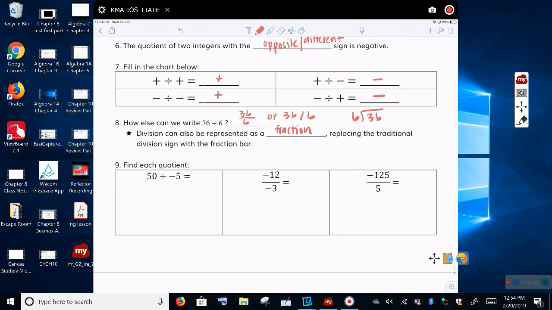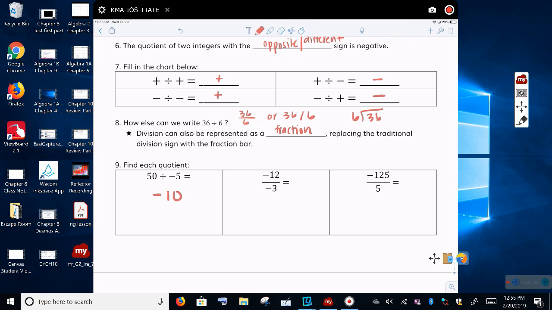All right, so now we're just going to do these 3 practice ones here. So I have 50 divided by a -5. Is my answer going to be positive or negative? Negative, because they are different signs. What is 50 divided by 5? -10. Okay, I have the same signs here.